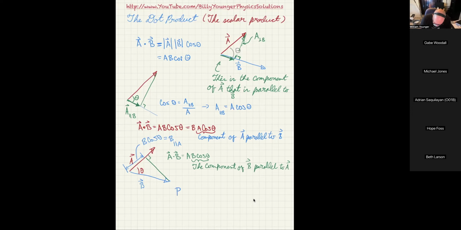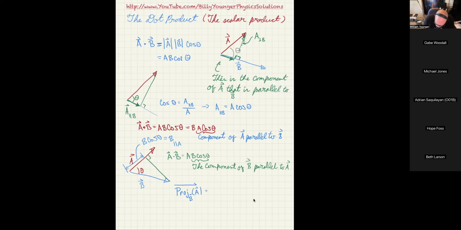They call it the projection vector. And some notation you might use is the projection of A onto B. And that means basically the component of A that's parallel to B.